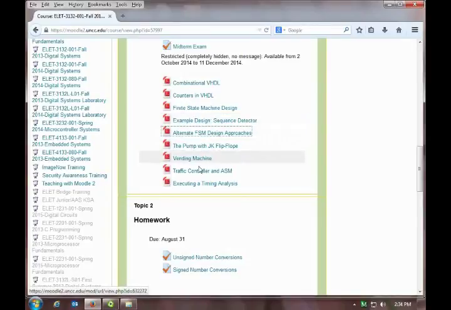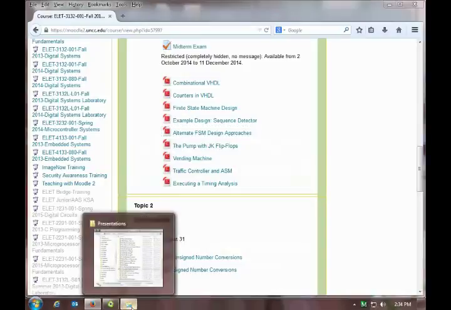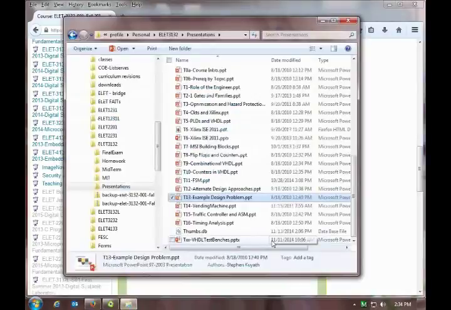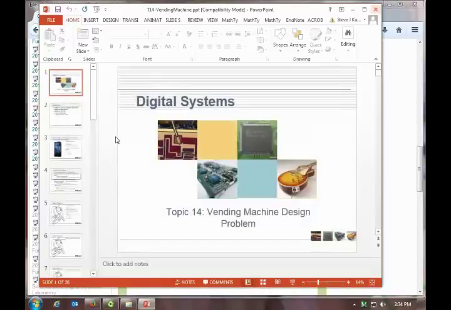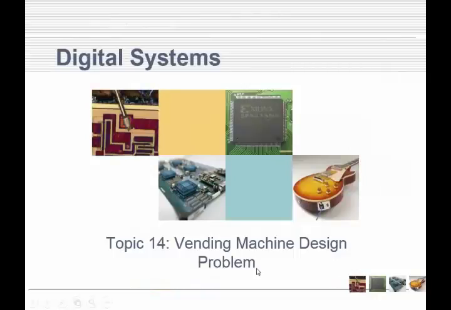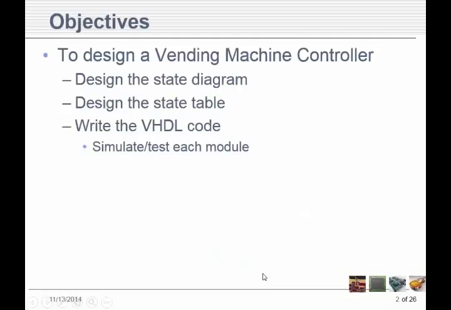We've done this one, so we need to go look at the vending machine, and this one's going to take more than one. Because of the way I do the traffic signal, most people have chosen the vending machine part for their program.